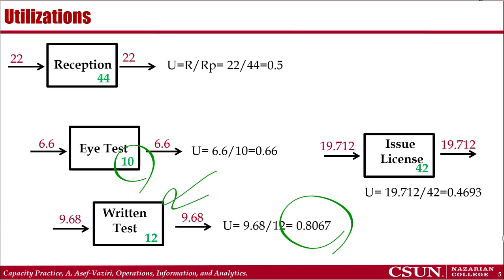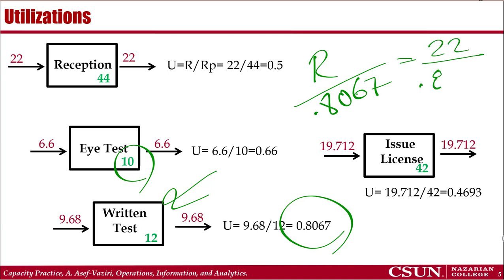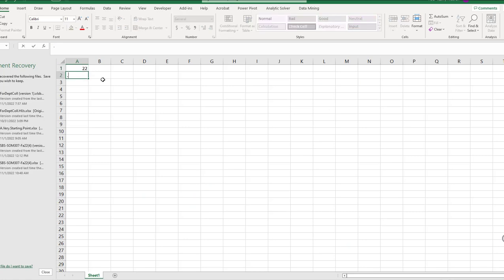And the capacity of this system is equal to throughput of the system divided by utilization of the bottleneck, and the capacity is 27.27 per hour.